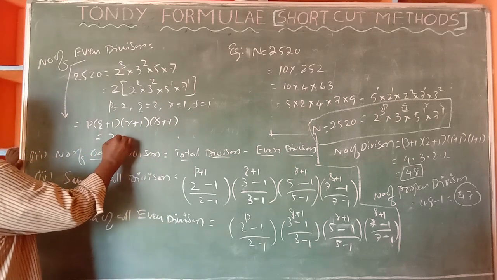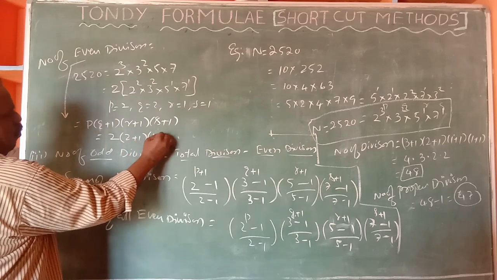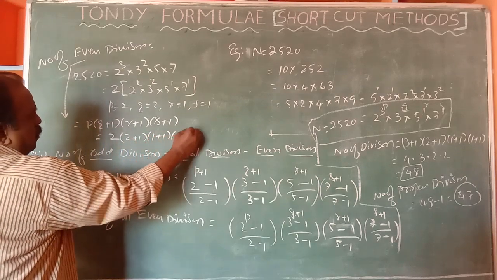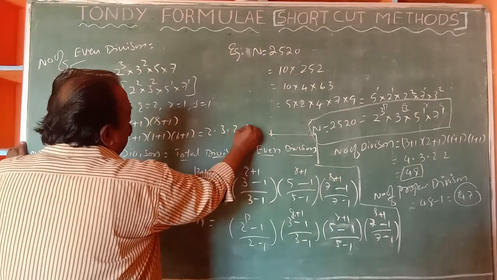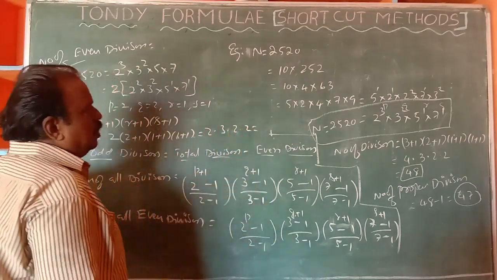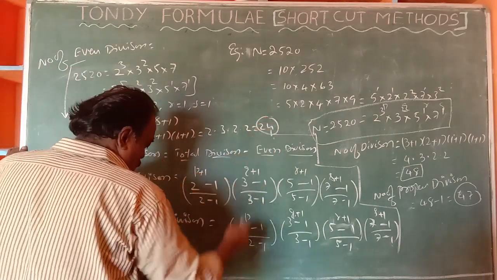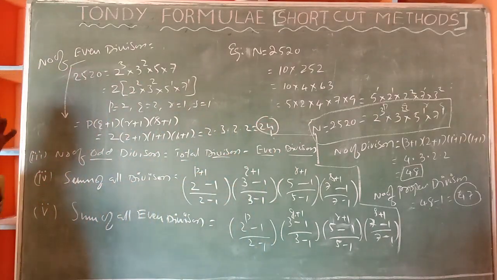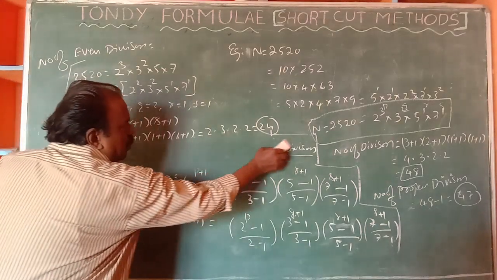So 2 into Q plus 1 is 2 plus 1, R plus 1 is 1 plus 1, S plus 1 means 1 plus 1. It is 2 into 3 into 2 into 2. How much? It is 24. So there are 24 different even divisors.